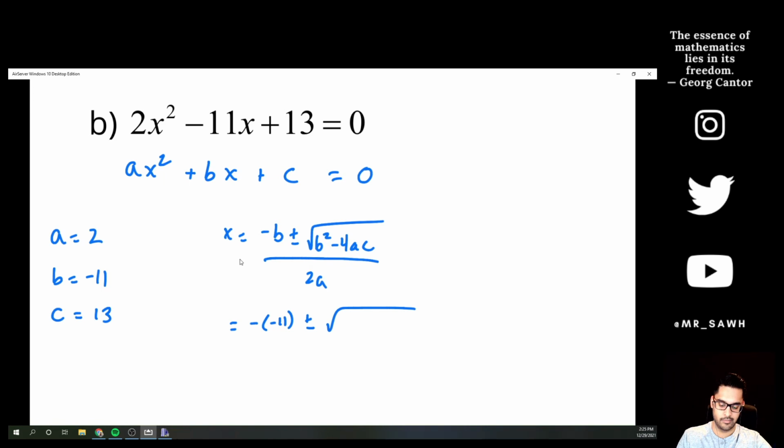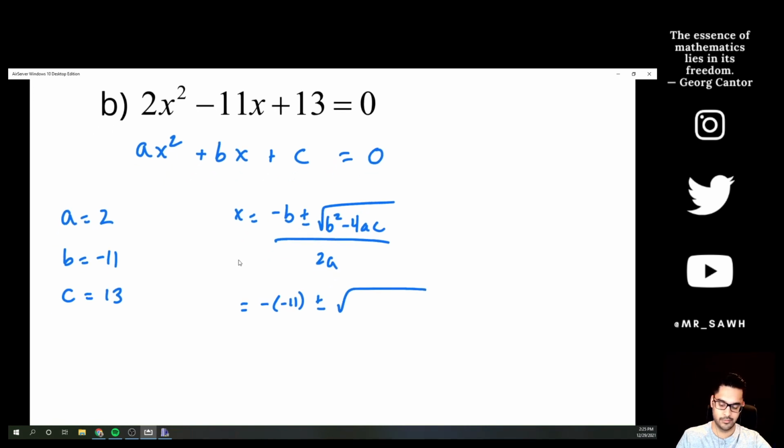Right, the double negative there will simplify to a positive, so b gets squared. Now it's very important that you put b in brackets here because of that negative. It should also be getting squared, right? The whole b value, not just the 11. Minus 4, A is 2, C is 13. Divide this by 2 multiplied with A.